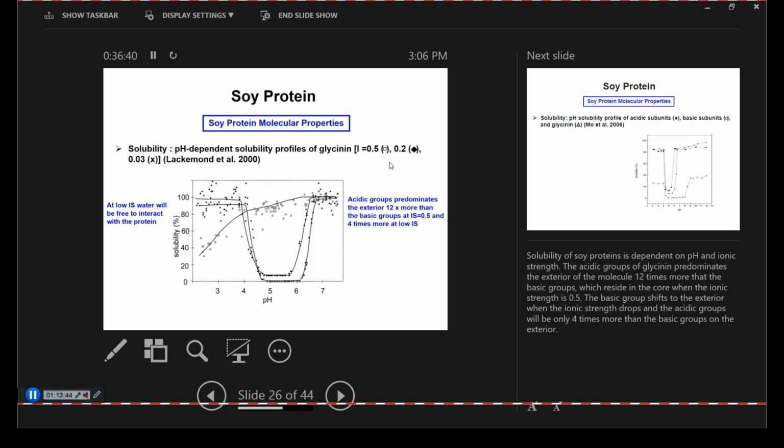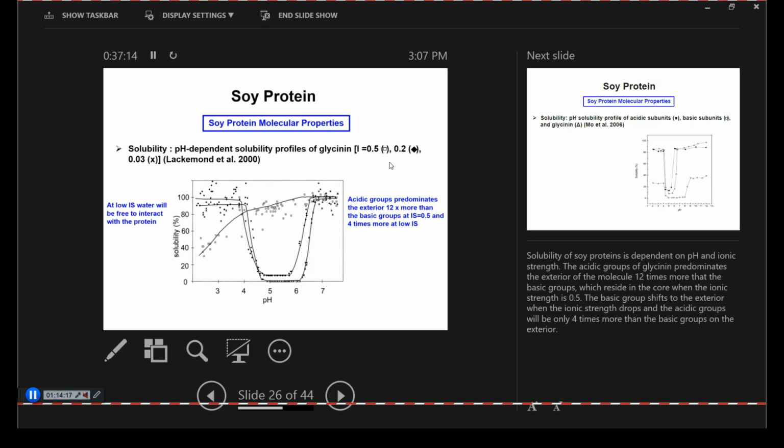This is a very interesting paper. I have 2 papers here, maybe 3, that I found very interesting. They did very nice basic research on soy protein and how it's impacted by ionic strength as well as pH. The main finding of this paper is here in this figure, and what they looked at is the impact of ionic strength and pH on the solubility of soy.